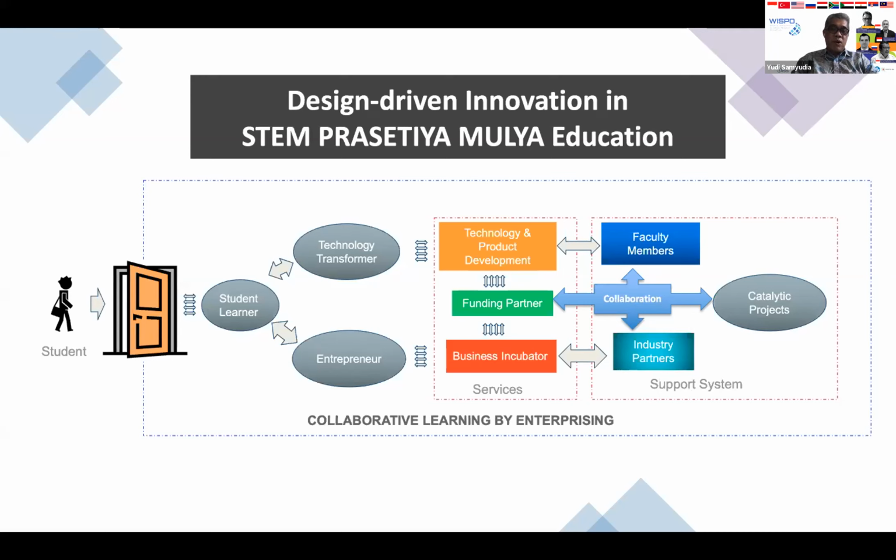Okay, so in this approach, we nurture the students to become technology transformers and entrepreneurs. We create a catalytic project for them to innovate a new product with a new meaning. As mentioned by Professor Ismunandar, we have to create an ecosystem so that collaboration between the students, the faculty members, and also industry can happen through the catalytic project.